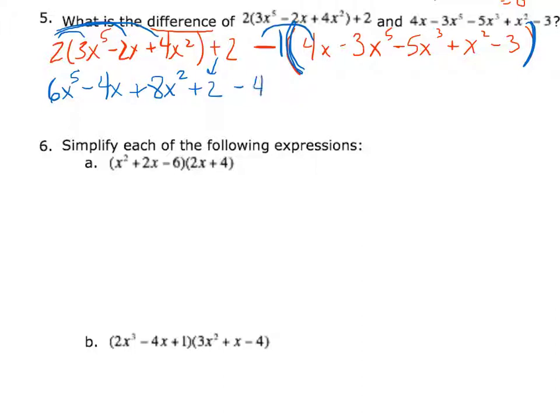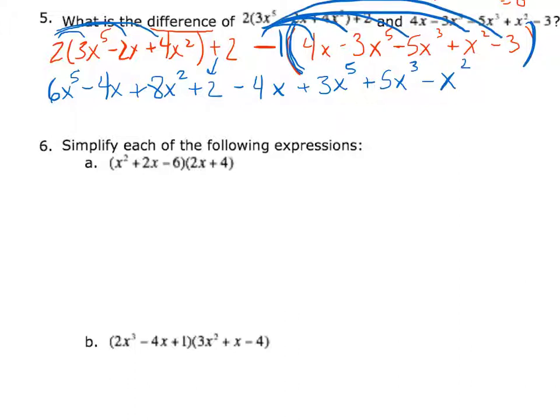So that's minus 4x plus 3x to the 5th plus 5x to the 3rd minus x squared plus 3. And notice I'm being really careful with this negative here. Make sure that you distribute it all the way through.